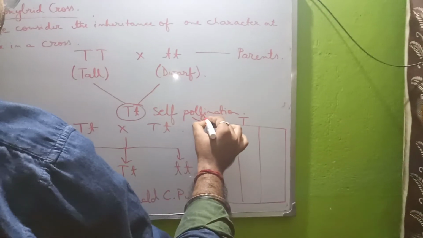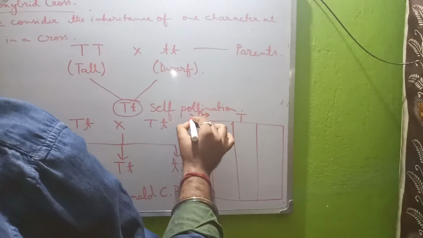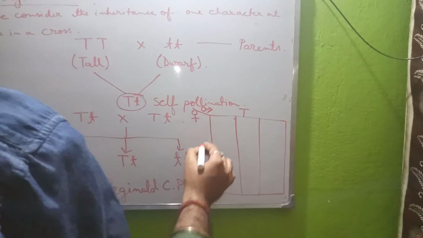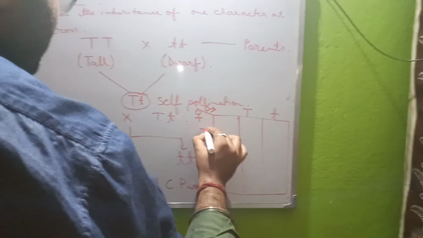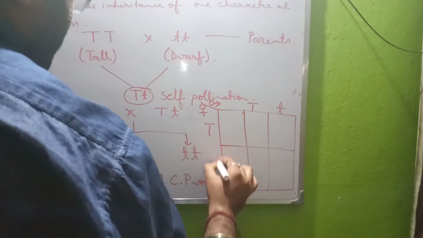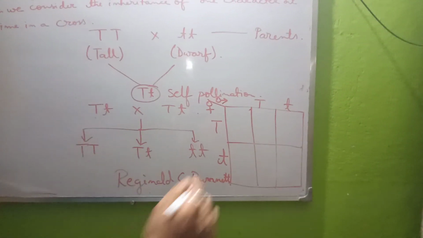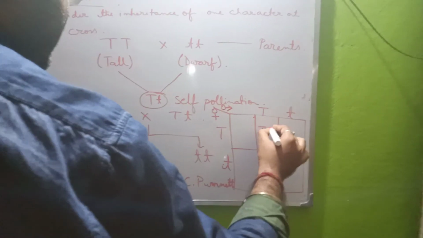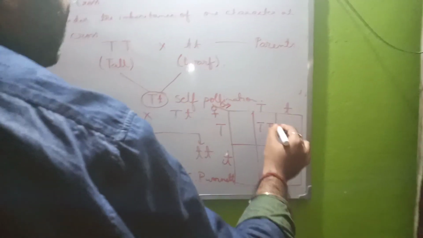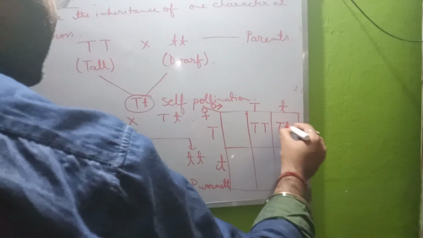Always the male will be at the top and the female will be over here. This would be capital T, small t, and this would be capital T, and this would be small t. Now if you do the cross, it will be T and T. This is also T and small t.